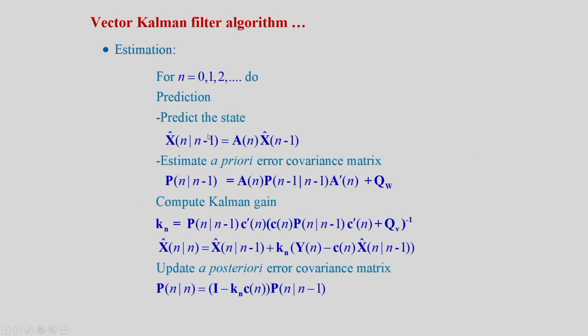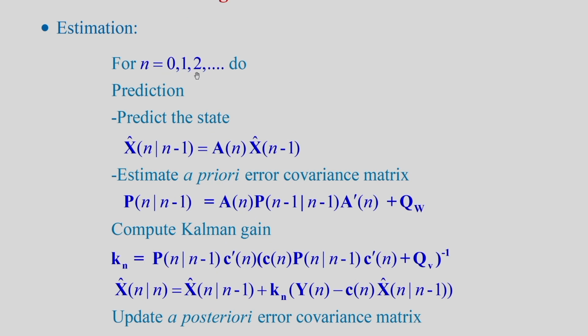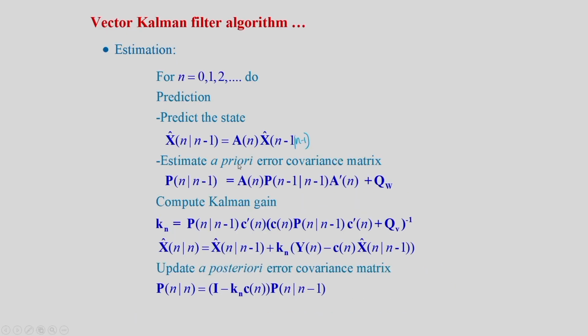Kalman filter runs like this. For n is equal to 0, 1, 2, etc. First we will predict. So, predict the state, that is x hat n given n minus 1, that is given by A n into x hat n minus 1 given n minus 1. So, this is the estimated value. This predicted term will be used in the updating here.